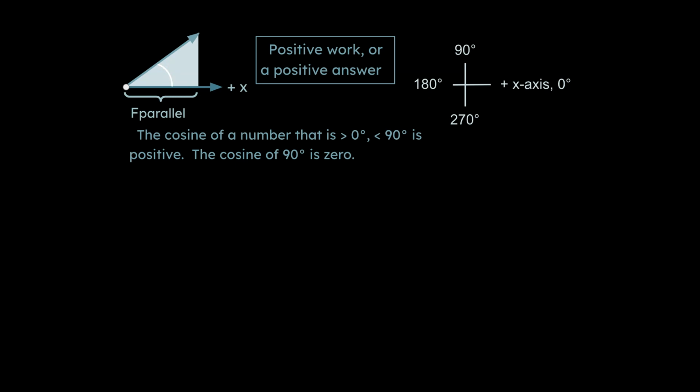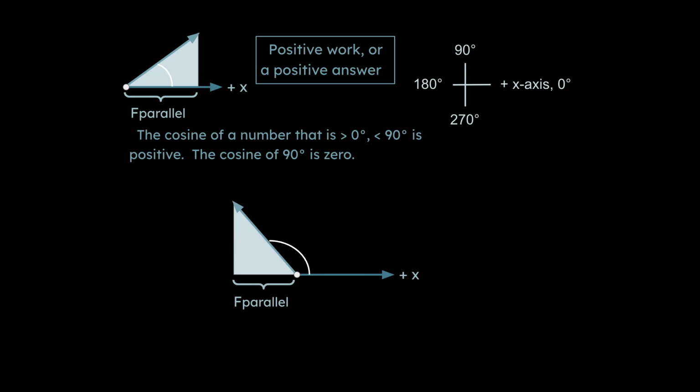If you take the cosine of some number between 0 and 90 degrees, you end up with a positive result. Graphically, this is what is happening here. We're interested in where that first vector, F parallel right here, ends up, and we're multiplying it by the second vector over here to get the dot product.